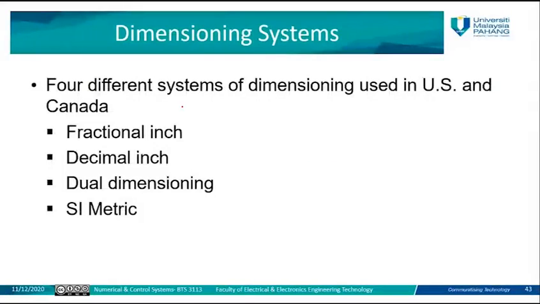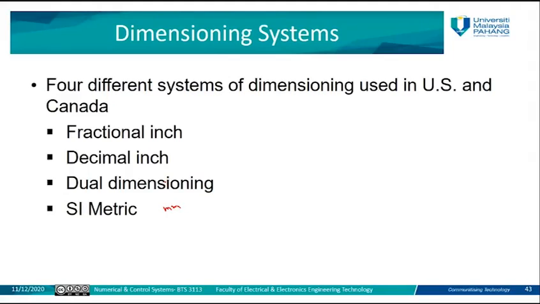Okay, so there are 4 different systems used for dimensioning: fractional inch, decimal inch, dual dimensioning, and also SI metric. The SI metric is the normal that we use, millimeter, for example. So if we say the most important, there are 2 systems. One is the SI metric, which is the millimeter, and the other one is the inch.